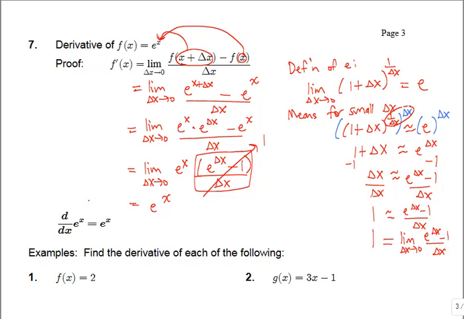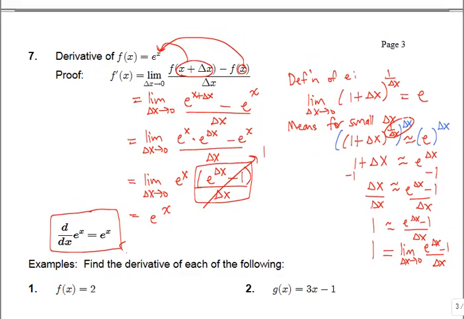So what we've just proven is that the derivative of e to the x is e to the x right back again. And that's exactly why we use base e so much in higher level mathematics, because of this calculus rule. The derivative of the exponential function with a base of e is that same function right back again. Because that is such a nice clean formula, that's why we use base e instead of some other base. Okay, so the derivative of e to the x is e to the x right back again.